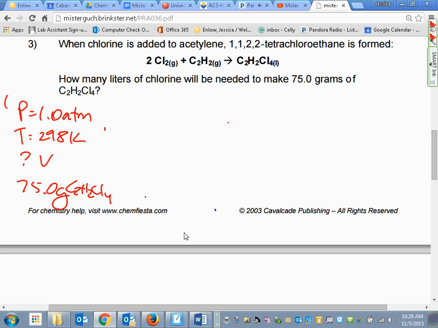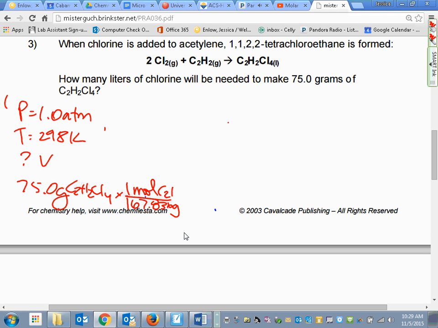But this one I told you to go back to the original conditions, which are not STP. But you are supposed to go to moles. Why do we have to go to moles of this? Not quite yet. So tell me, what's the molar mass of this? What's the molar mass of that? 167.8? 836, okay.